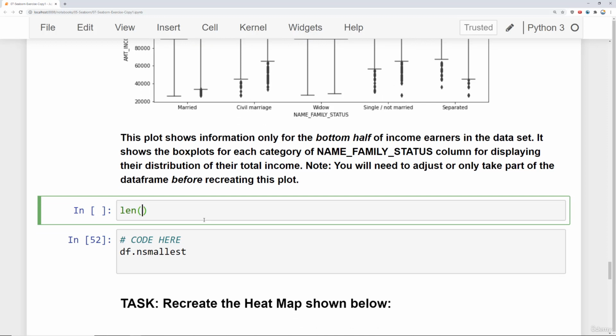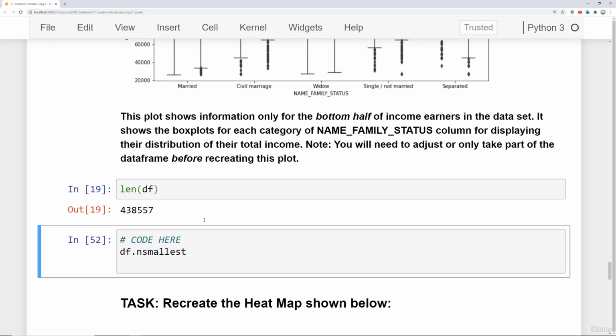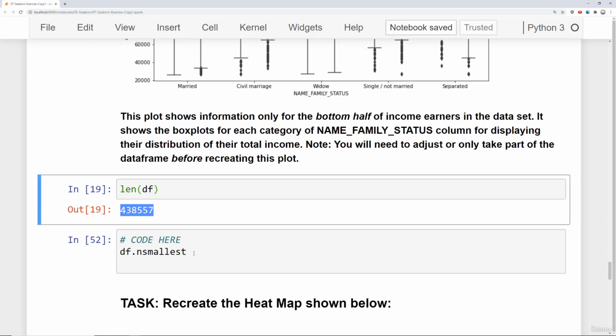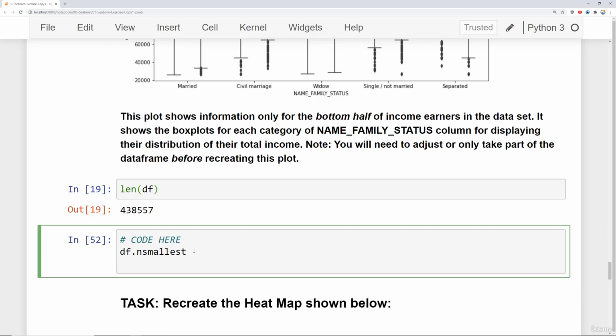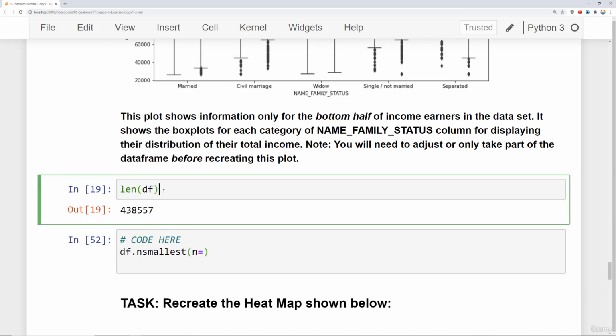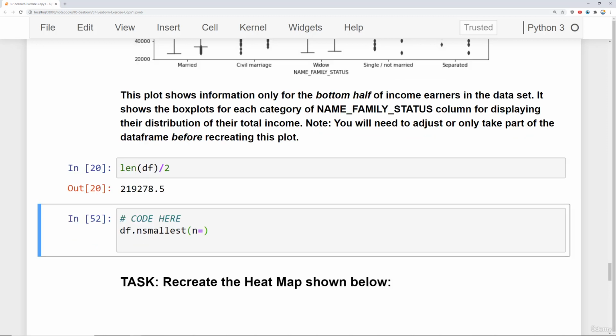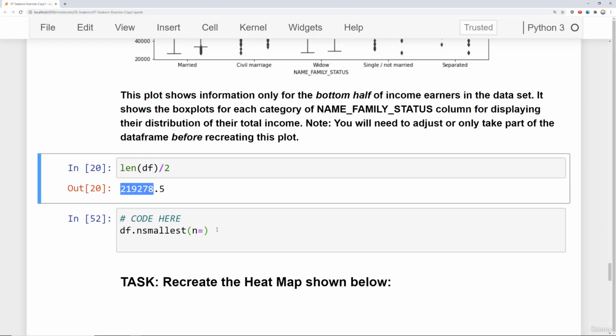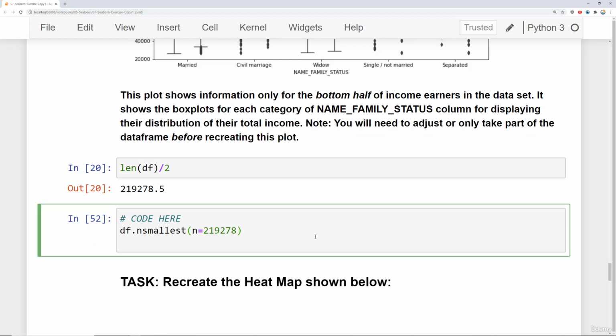But if I know the length of my data frame, essentially I know there's around 438,000 rows. What I want to do is say n smallest and set n equal to half of this value. So if I say this divided by 2, it looks like more or less 219 thousand rows. So I can say right here, n is going to be equal to this value, half of my data frame.